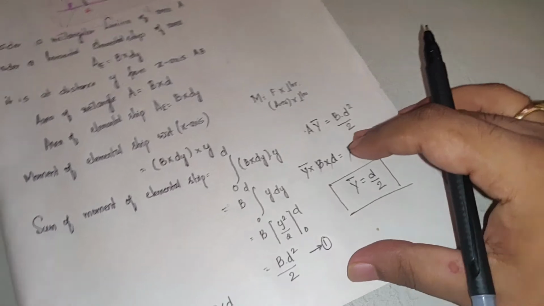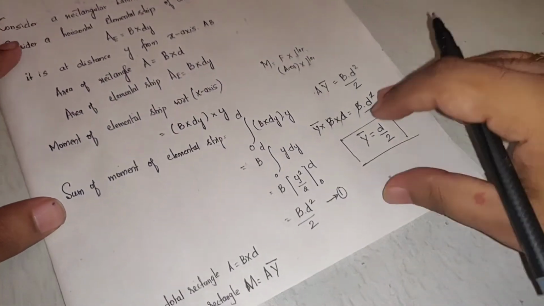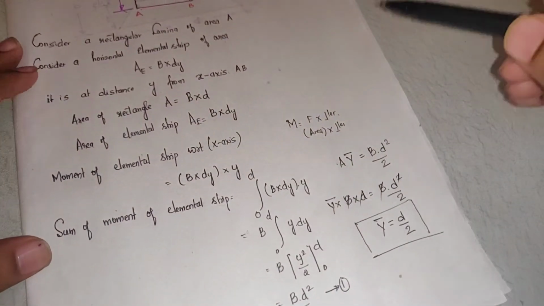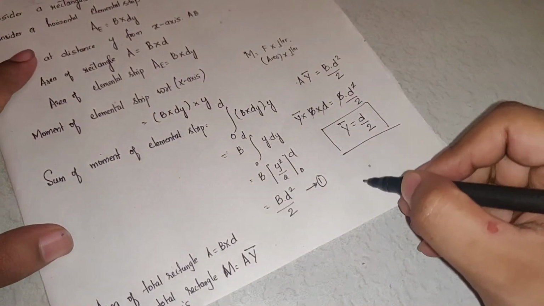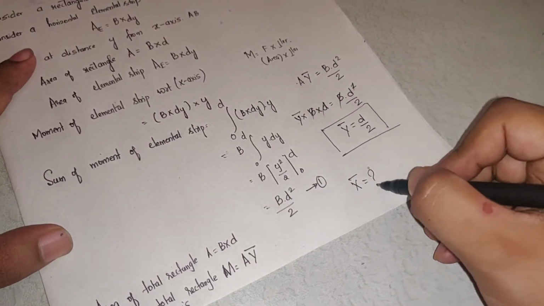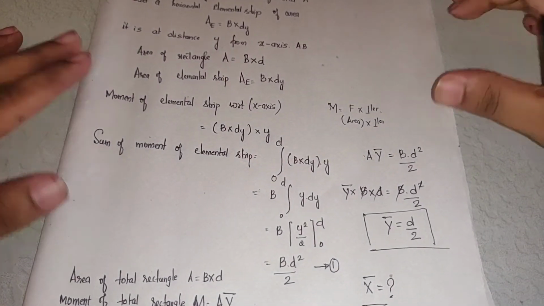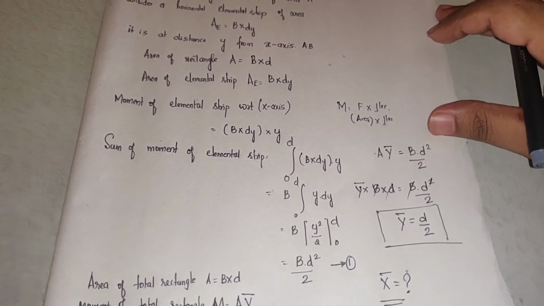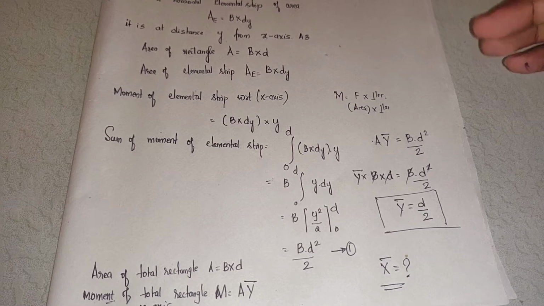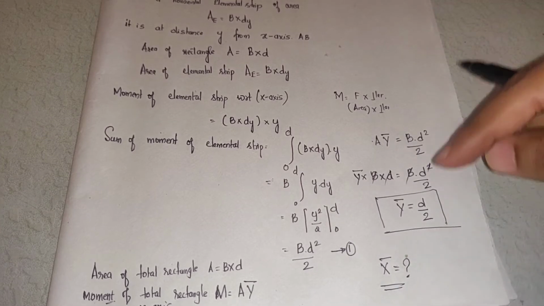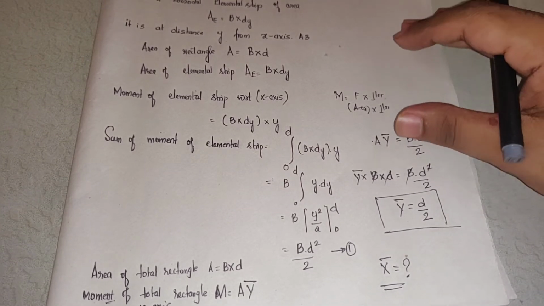Hope you understood this. Now the assignment for you is to calculate the value of x bar and submit it on WhatsApp. Find out the solution for x bar and get back to me.